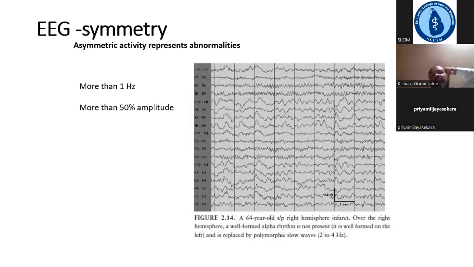Which would mean that the abnormality lies on the right side. So in the context of a right hemispheric infarction, this is what we would expect on the EEG. I hope that's clear.